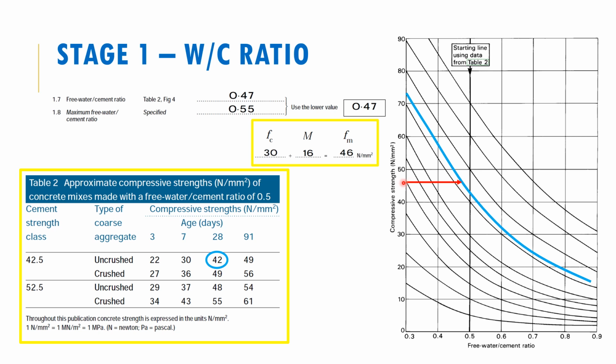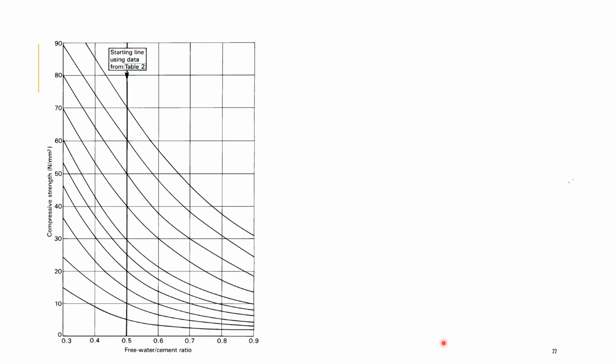As long as you're somewhere that looks like 46, you should be all right. So 46, I'm going to start from here, go across until you hit the blue curve, so the new curve that we extrapolated based on table 2, and then I'm going to go down and I'm going to read off that value that I have on my x-axis, and that's the 0.47.